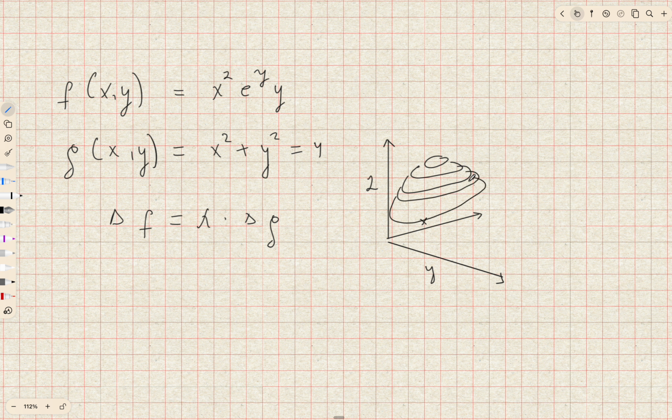And then what are the contour lines? Imagine that we look at this function from the top. Let me delete this from here. I will try to draw it in a better way.